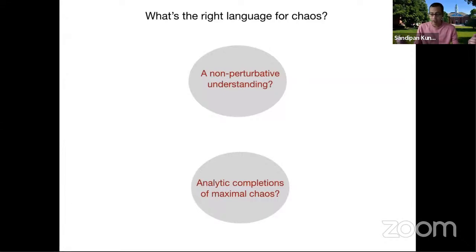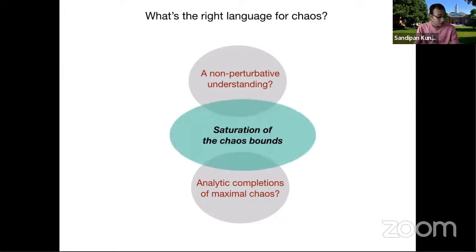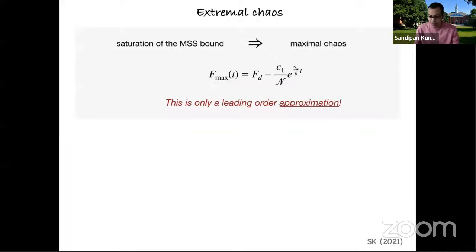So these are actually very difficult questions, but surprisingly, they are related to much simpler questions that can be solved exactly. That's the question about saturations of chaos bounds, or these new chaos bounds. This immediately leads to the idea of extremal chaos, which is a natural extension of the idea of maximal chaos.